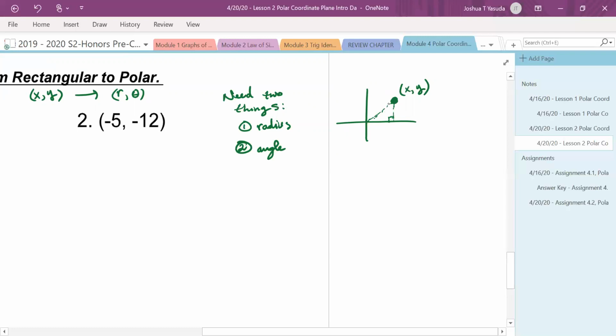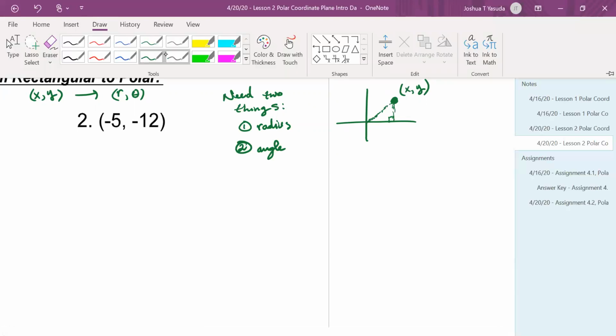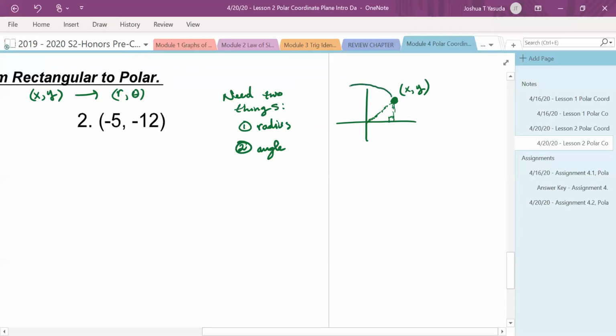I can always draw a triangle. We've talked about this in the past. Now, the beauty of this is if I take that point and rotate it around 0, 0, it would make a circle. It's not a great circle, but the circle would have a radius r.